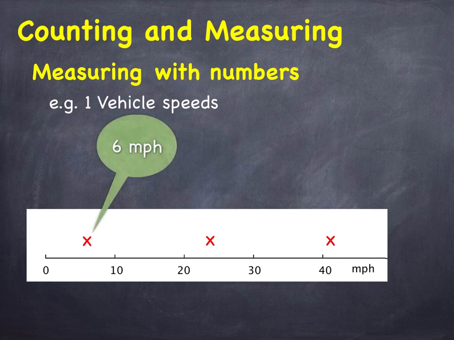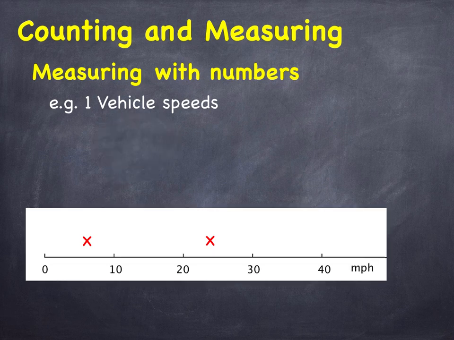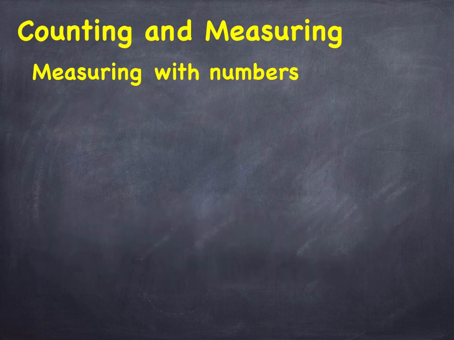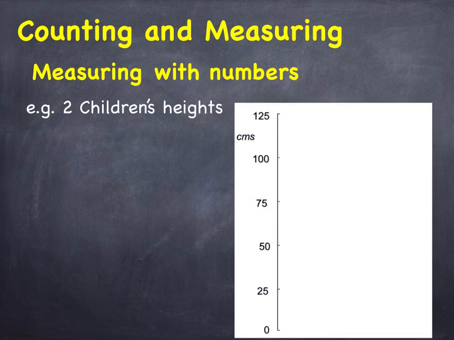Measured data takes the form of numbers that can be placed on a numbered scale like this, and 10 vehicles later the plot looks something like this. Here's another example of measured data. This time the numbered scale has been drawn vertically to match the fact that it's a survey of children's heights.